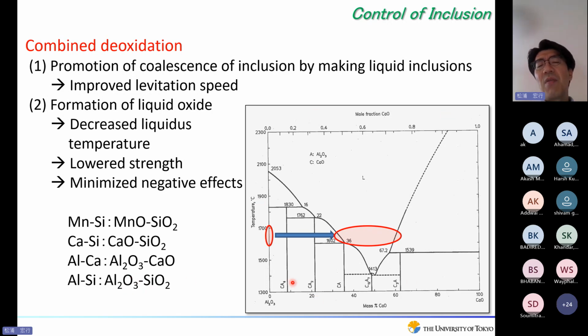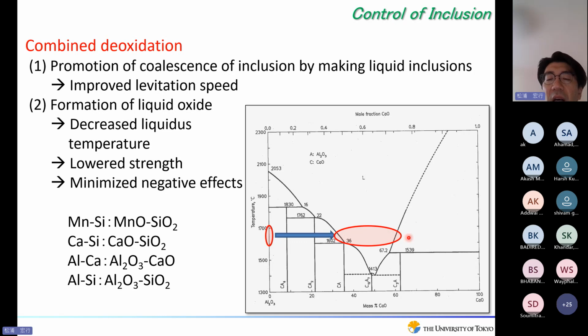As you can see from this binary phase diagram between alumina and CaO, if you put only aluminum, alumina is produced, and it's quite hard, and the melting temperature is quite high. But by adding some calcium within the aluminum killed steel, you can modify the alumina into calcium aluminate. So the CaO is formed in the molten steel, and pure Al2O3 is converted to the CaO-Al2O3 liquid.